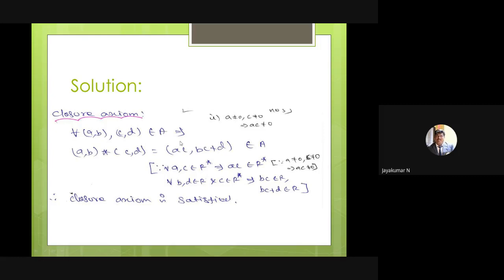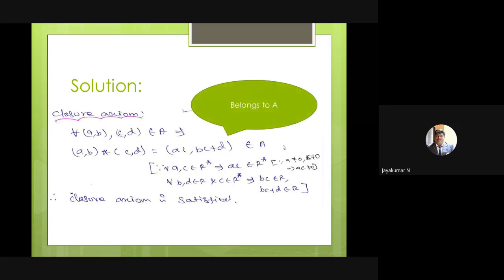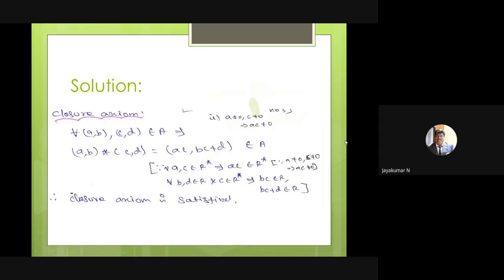Therefore the first coordinate belongs to R star and the second coordinate belongs to R. Closure axiom satisfied. If you miss anything, they will reduce the marks. So (AC, BD) belongs to A.